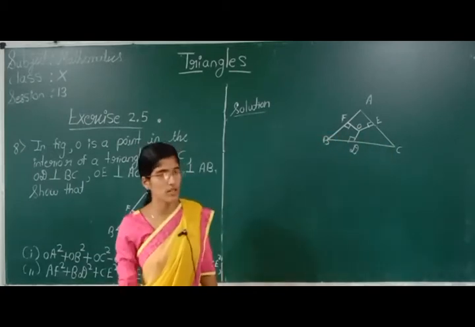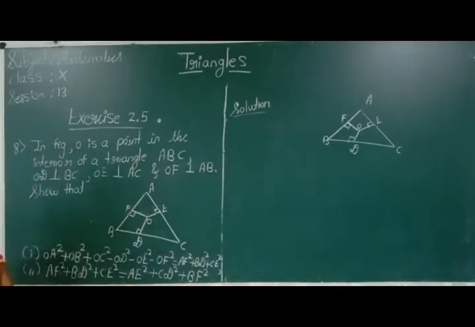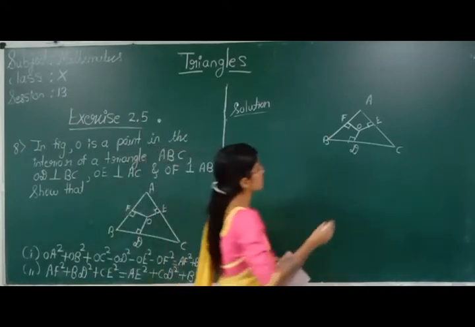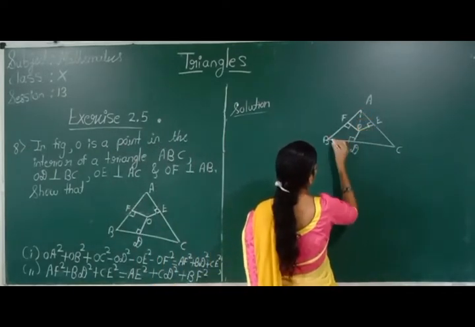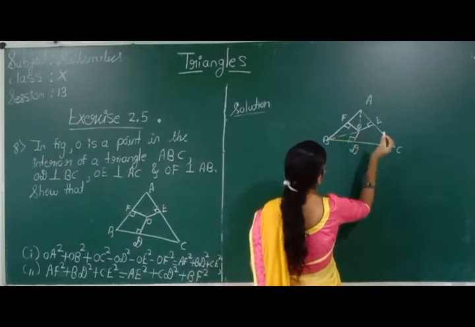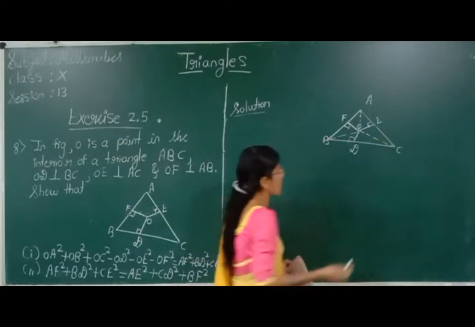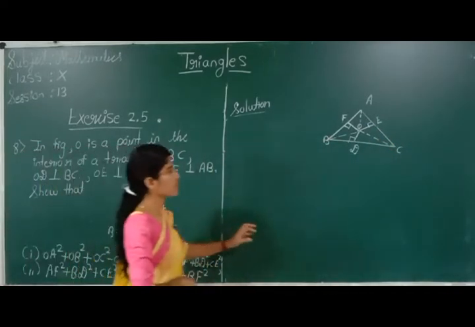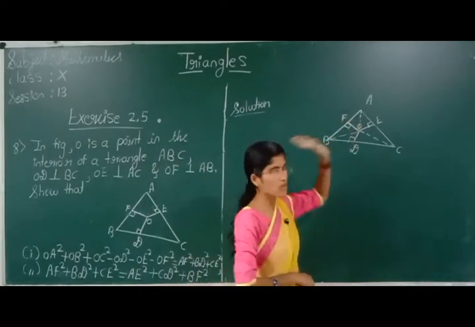So we will do a construction here because we have to prove OA square plus OB square, right? What we will do? We will join OA, we will join OB and OC. Why are we joining? Because we have to prove OA square plus OB square. That's why we have joined OA, OB and OC.